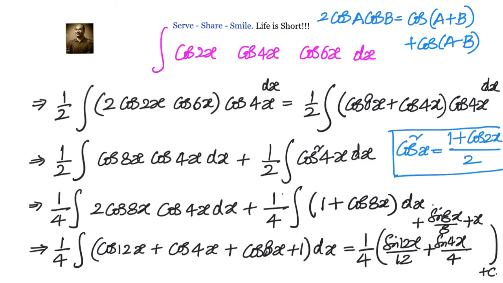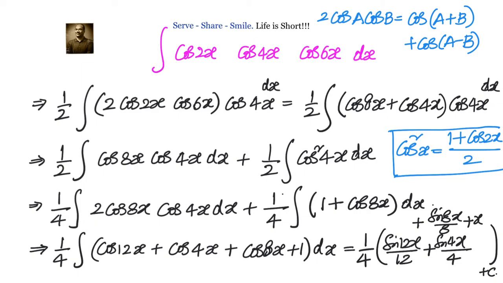So that's the integral of cos 2x, cos 4x, cos 6x dx. What we have done is transformed the product into the sum by leveraging trigonometric transformations. We have to do that 2 times, and we also have to use the formula cos square theta equals 1 plus cos 2 theta by 2.